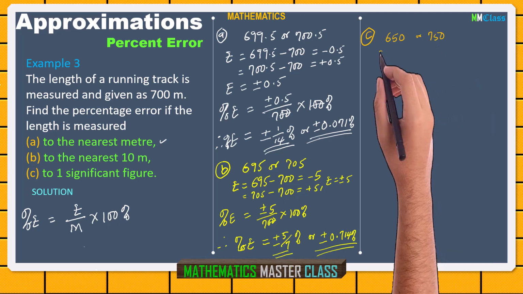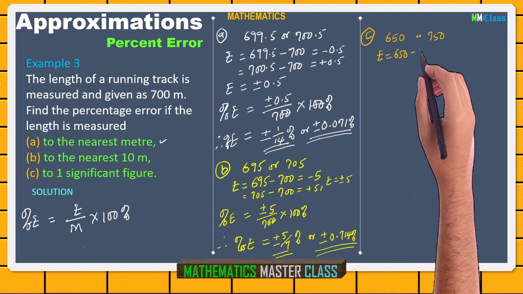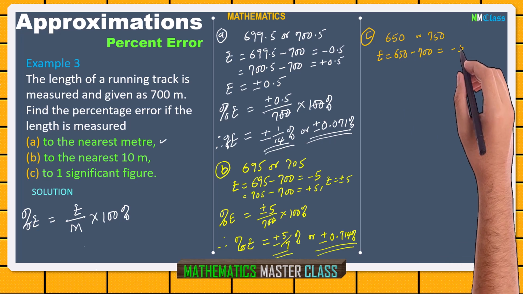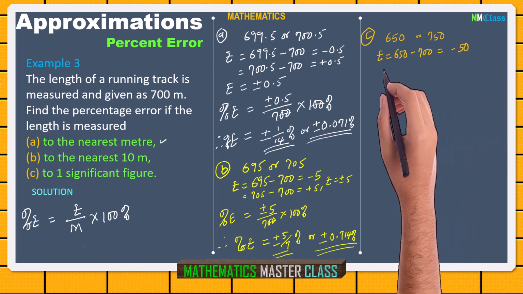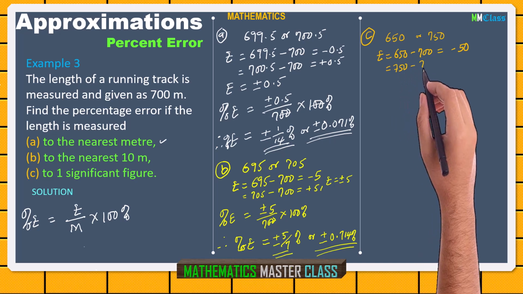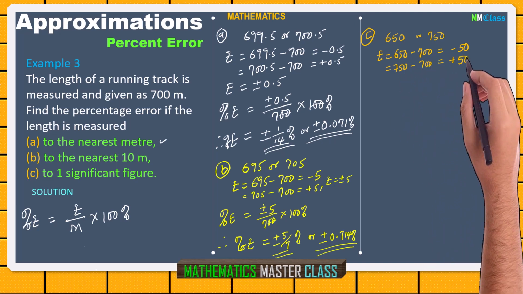So our error will now be equal to 650 minus 700. This will give us minus 50, and then 750 minus 700 will give us plus 50.